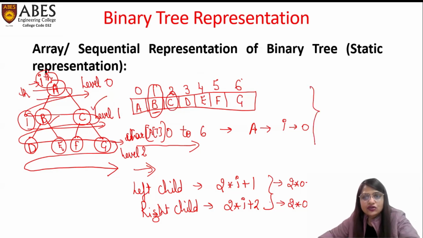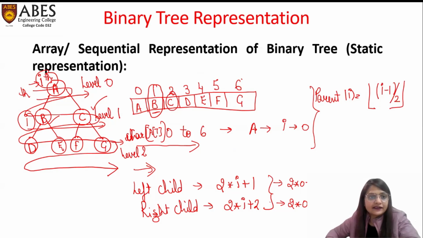Now, if I want to calculate the parent of a particular node I, that will be given by the floor value of (I minus 1) by 2. Let us consider what is the parent of C. It is present at index 2.